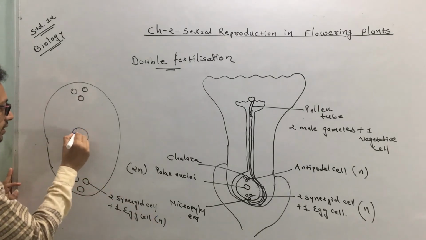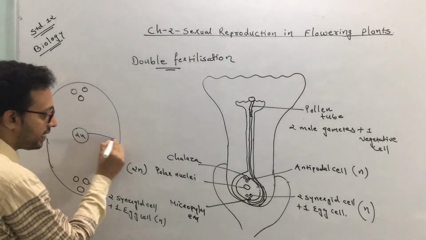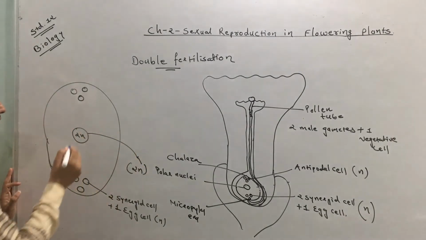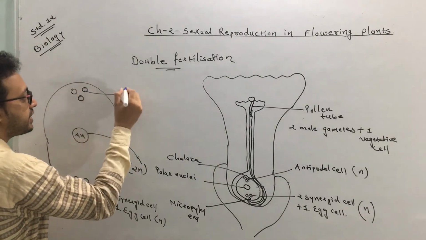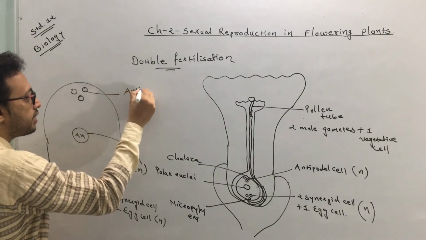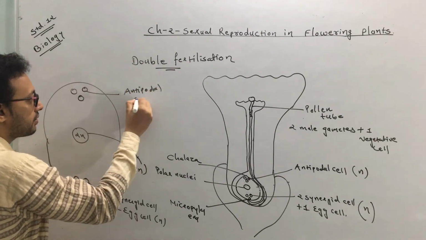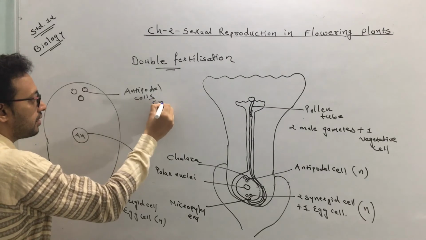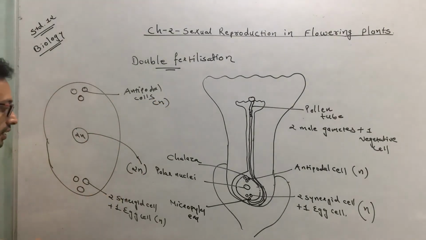In the center, there is the polar nuclei. The 3 cells at the chalazal end are the antipodal cells. They are also haploid.